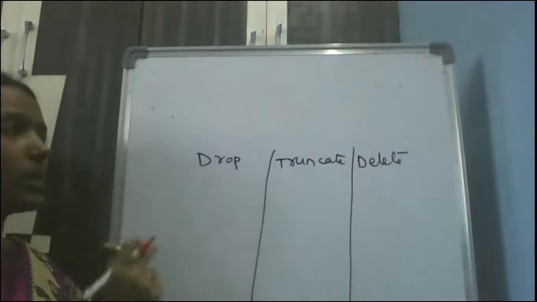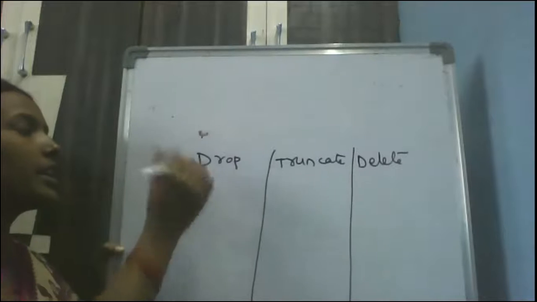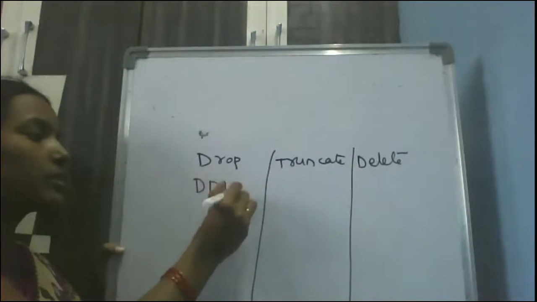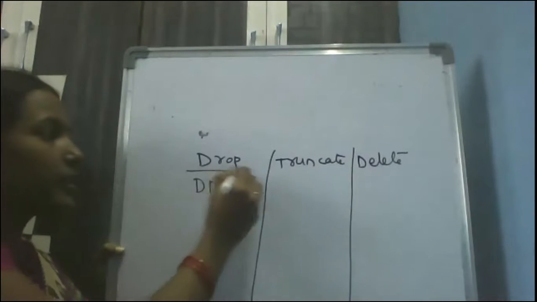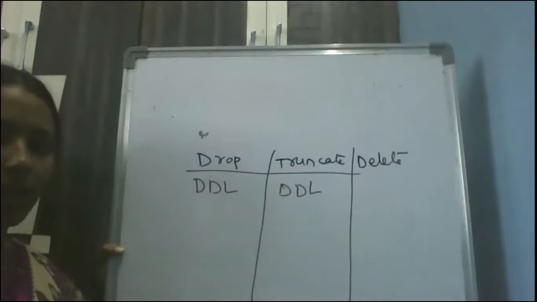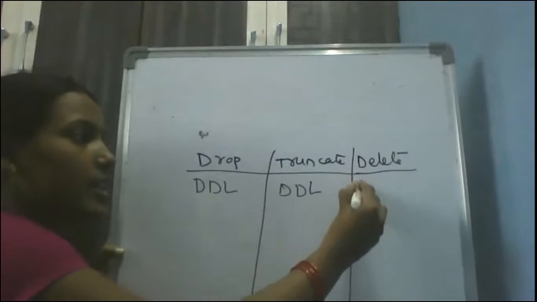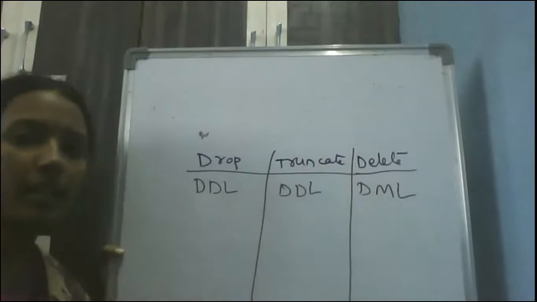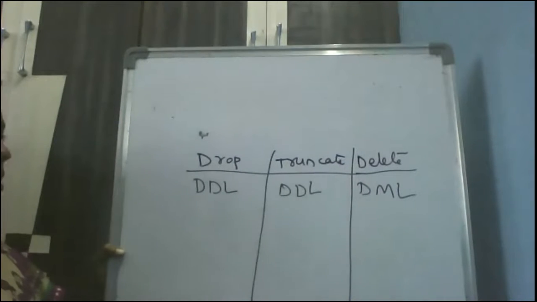First, drop. This drop is a DDL command. This truncate is also a DDL command. This delete is a DML command. That is the first difference.